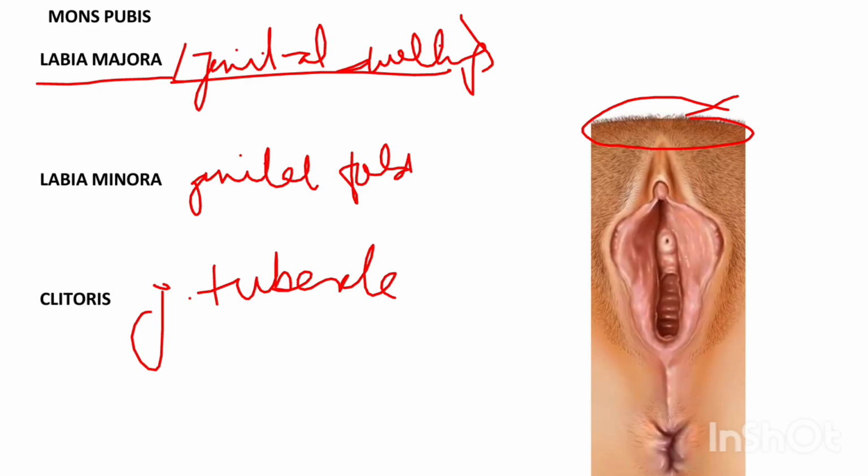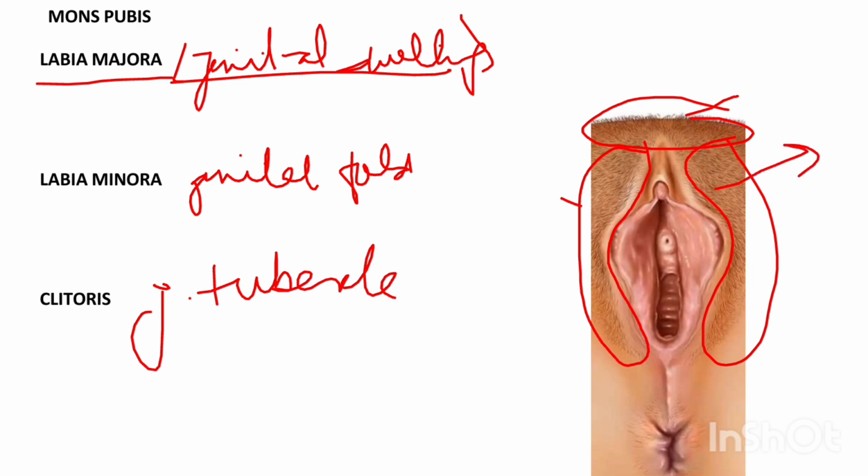These thick folds of skin are present on either side, on both sides of the vestibule. They unite posteriorly and form a structure known as the posterior commissure. I will show you.